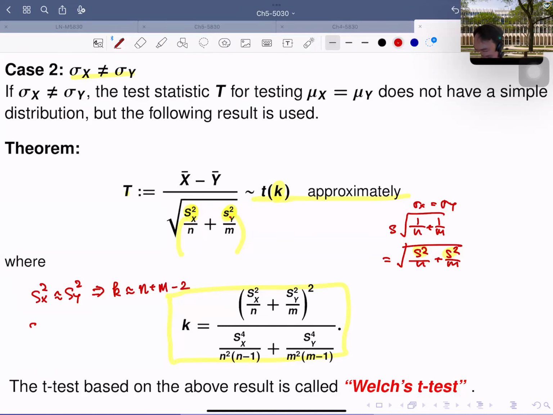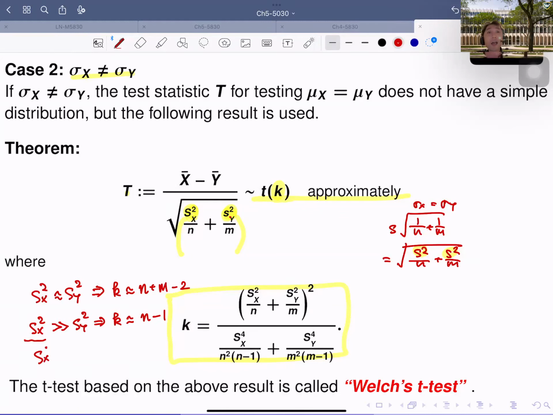But suppose that s_x square is much larger than s_y square, then in this case k is approximately n minus 1. Why? Because y has almost no variability compared to x. So only the variability of x matters for the test, and x has n observations, so the degrees of freedom is n minus 1.